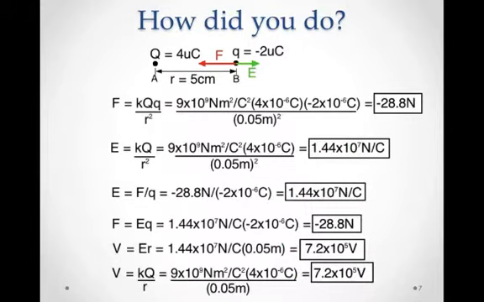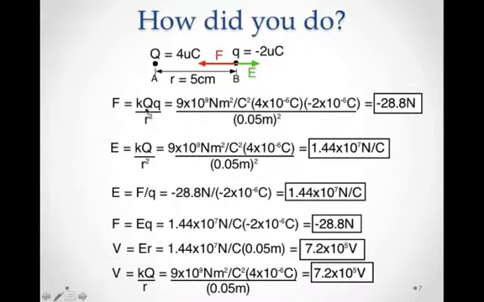So, how did you do? Let's check it out. Remember the electric force: we go right to Coulomb's law, and we have our electric constant times each of the charges. Both of them are in microcoulombs, so that's 10 to the negative 6.